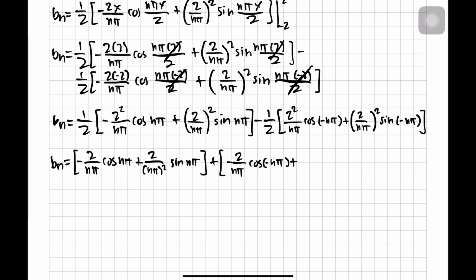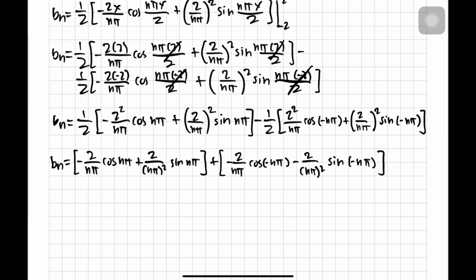We should get a negative answer, which is negative 2 n pi squared sine negative n pi.